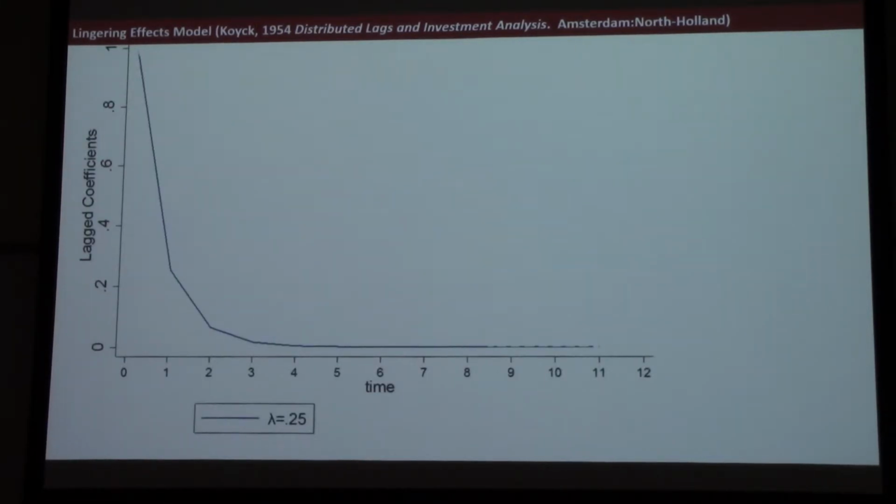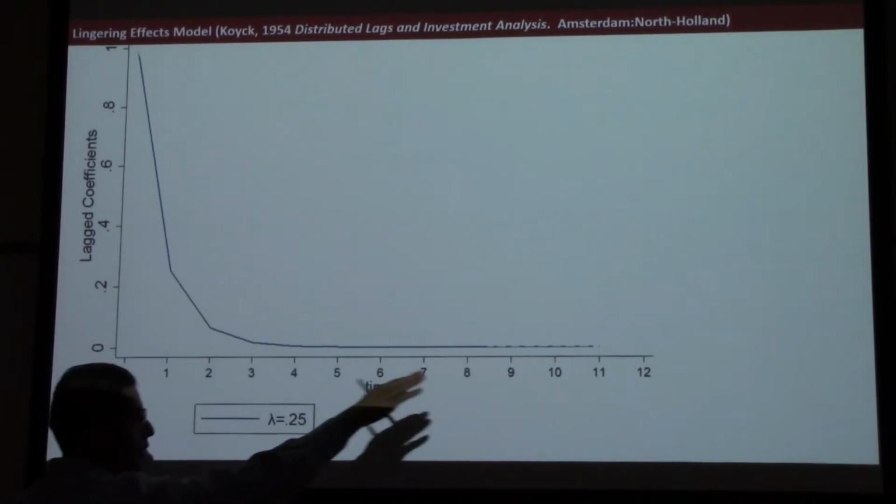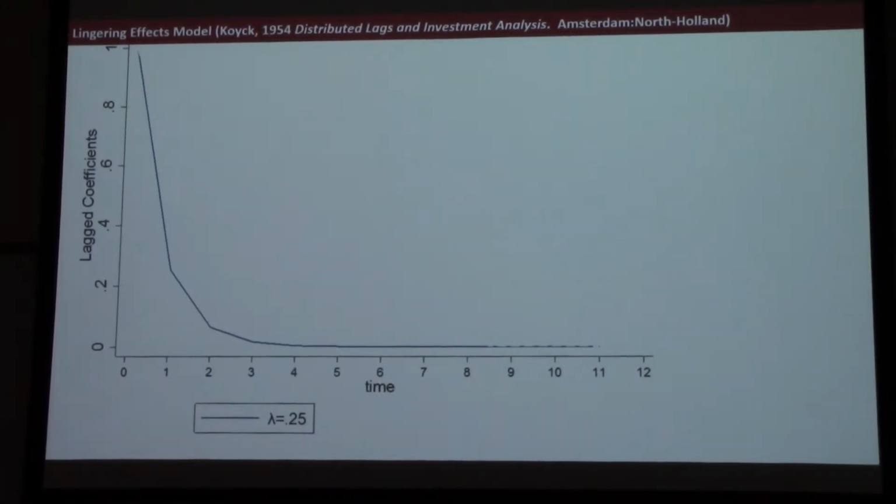So here are the lag coefficients for a lambda equal to 0.25. Remember, lambda is how much is carried over in the following periods. In this case, only 25% is carried over in the next period. So this decay occurs pretty fast, and then it approaches 0 and goes on forever. It's asymptotic to the axis.